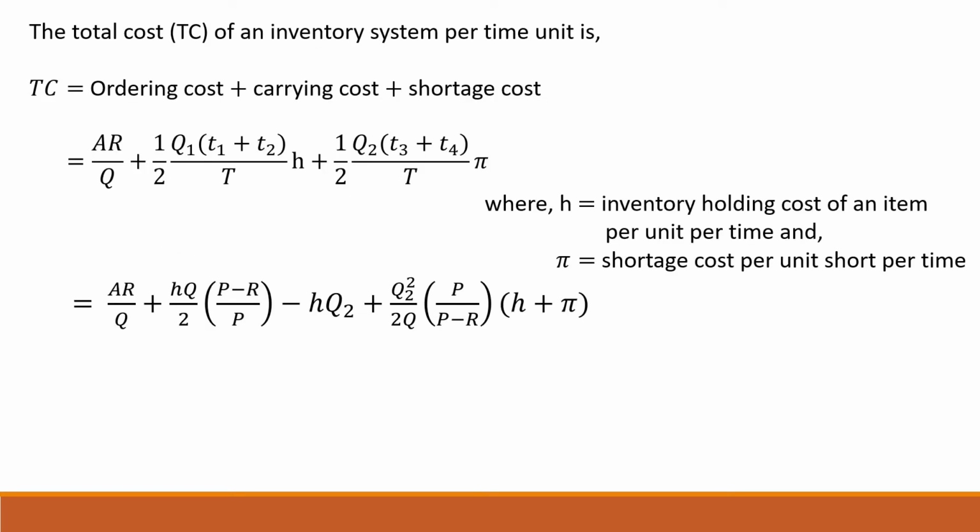Now we are ready to find the total cost of an inventory system per time unit. Total cost is sum of ordering cost, carrying cost and shortage cost.